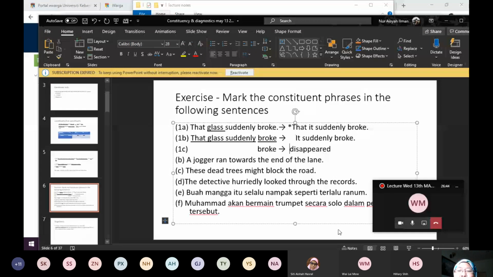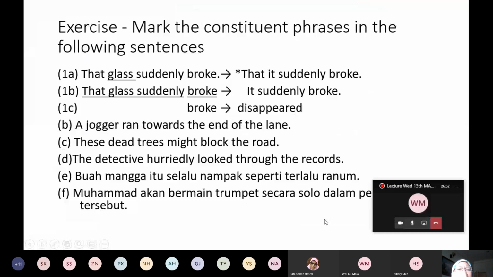You're going to take maybe a few minutes to just underline the constituent phrases in B and C. Or maybe some of you want to do C and D also. Or let's have Malay. Rather than do D, do E.